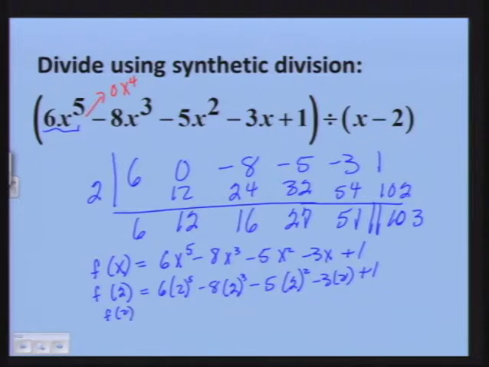So f of 2 would be 2 to the 5th is 32 times 6 minus 8 times 2 cubed is 8 minus 5 times 2 squared is 4 minus 3 times 2, which would be minus 6 plus 1. And when I totaled all of that up, I would get, would you believe, 103.